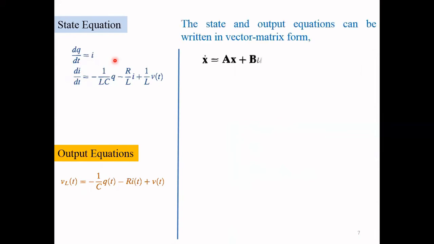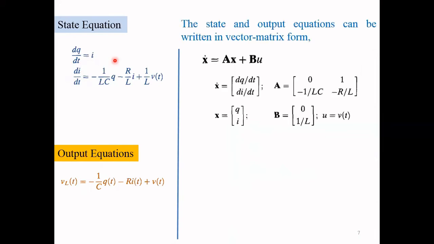State equation is a linear combination of the state variables plus the input. So here we have state variables current and charge, like this. So this is our state equation.